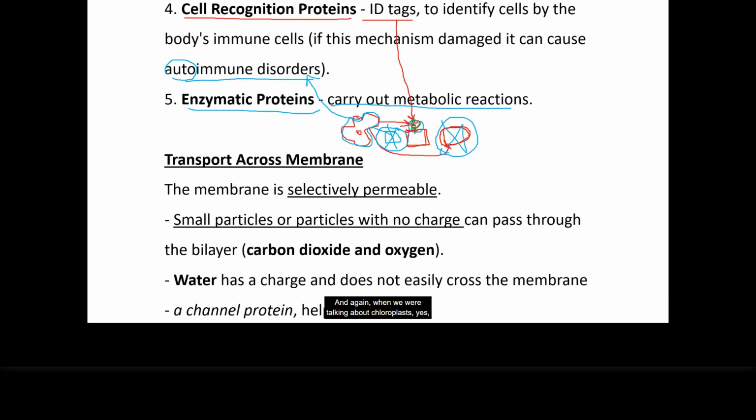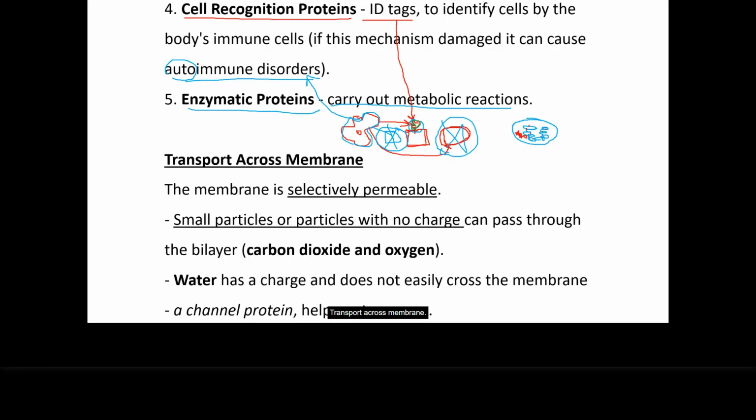And again, when we were talking about chloroplasts and thylakoids, which are made up of stacks of membranes like coins, I was saying that in the membranes of the thylakoids we have enzymes sitting. This is where these chemical reactions occur, and these cells can produce energy, for example, the ATP molecule.